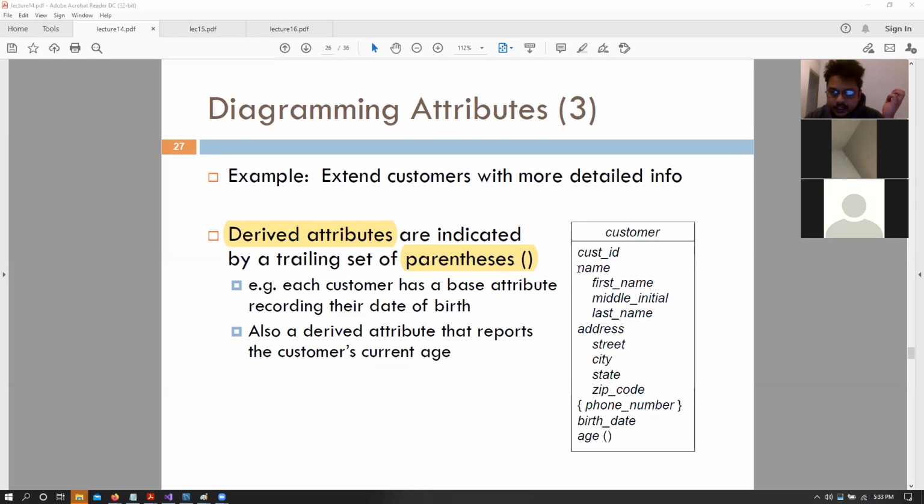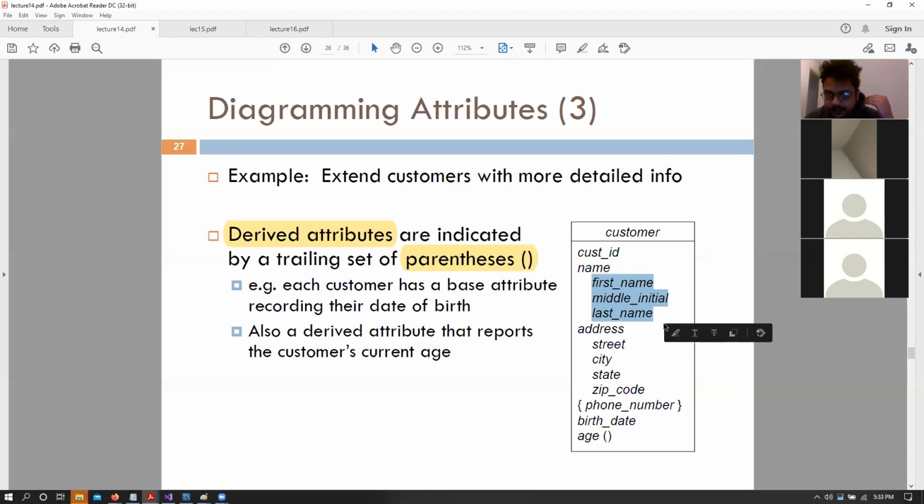So a composite attribute was a particular attribute that had different types, different sub attributes that you can combine together into a single attribute. Again, this would be represented in your database as a single attribute.